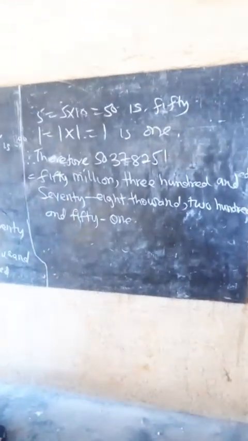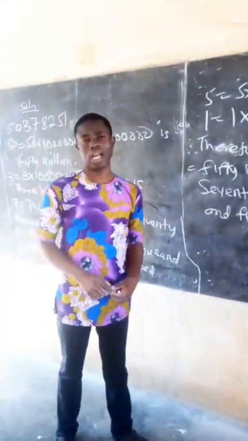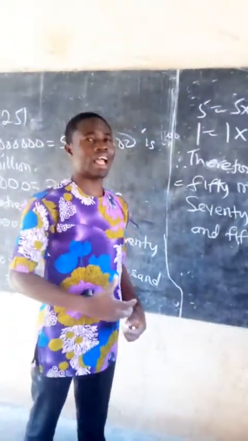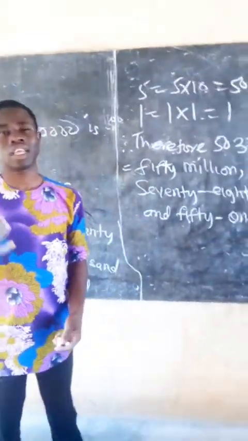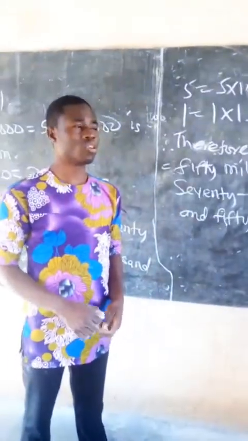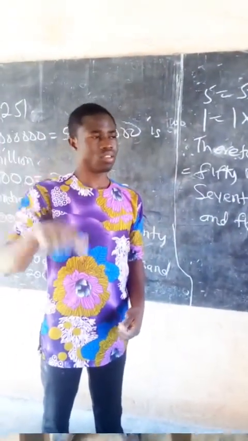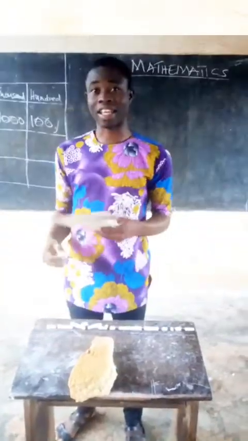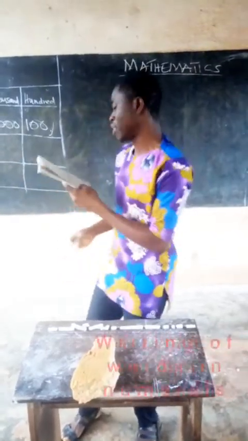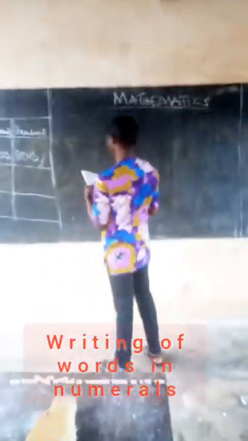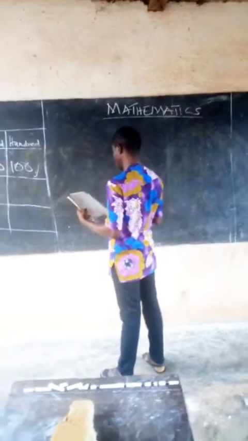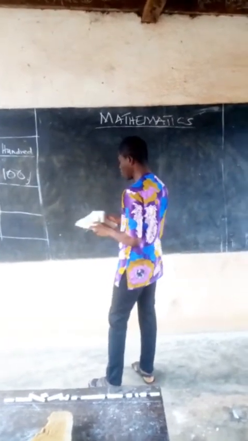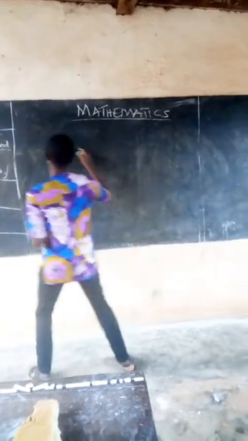So this is the end of the examples under writing numerals in words. So we are moving to how to write words in numerals. We are starting another subtopic, which is writing of words in numerals.